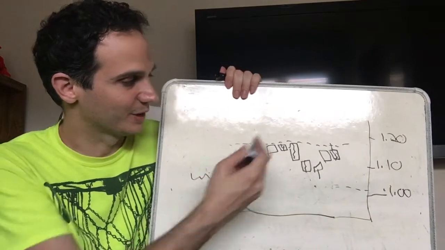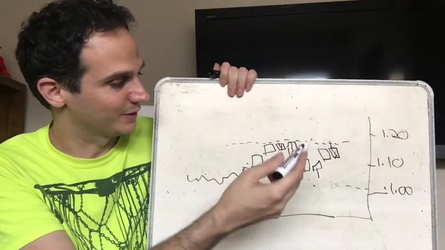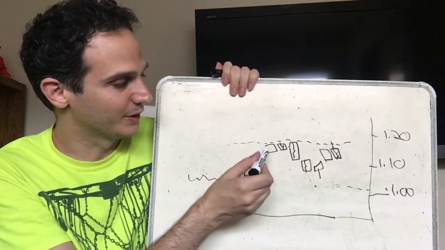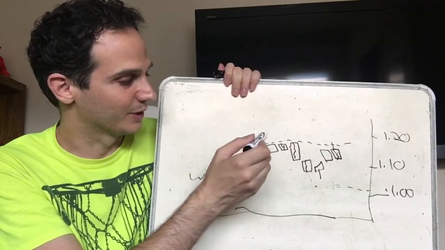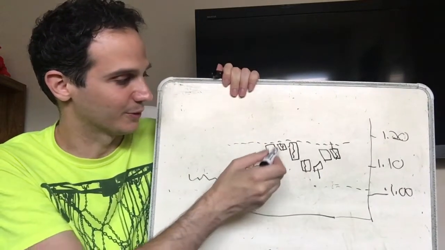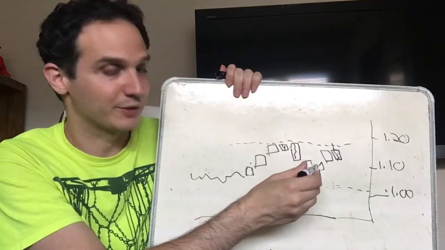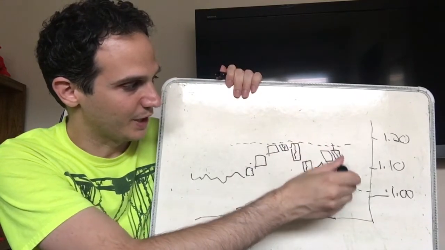So I'd want to see we have a green candle, and now I want to look for the green to red move. So now we have a red candle, and now we have some green candles, and now we have another red candle.